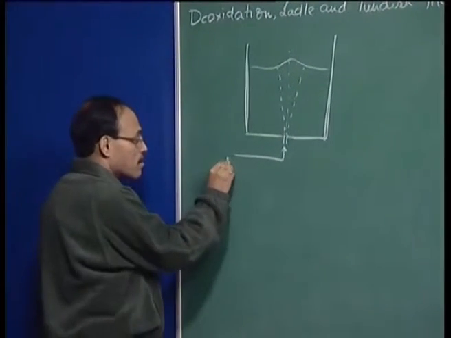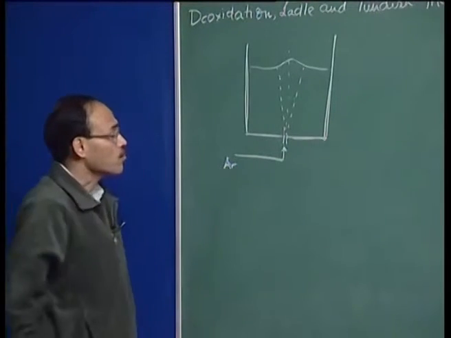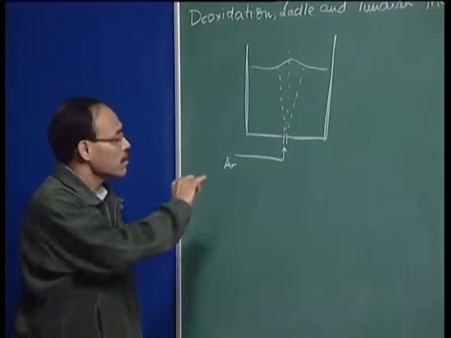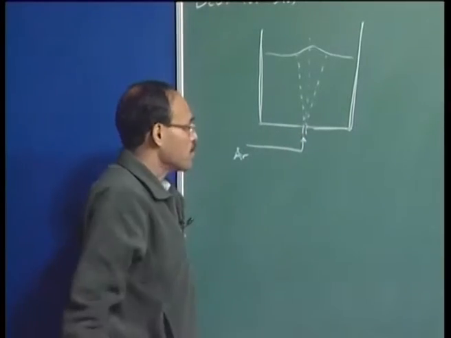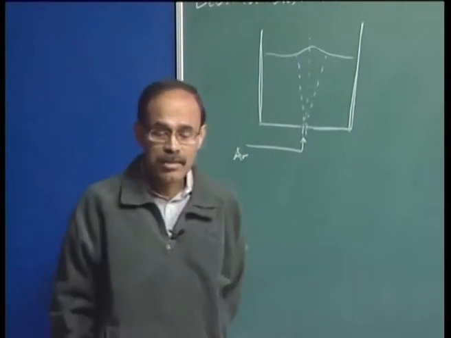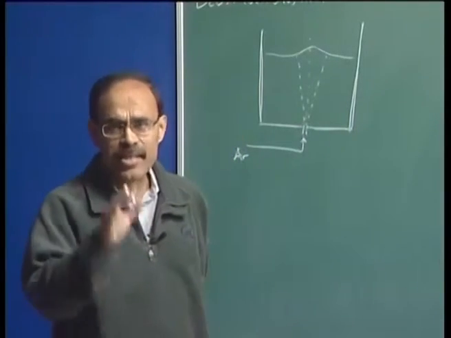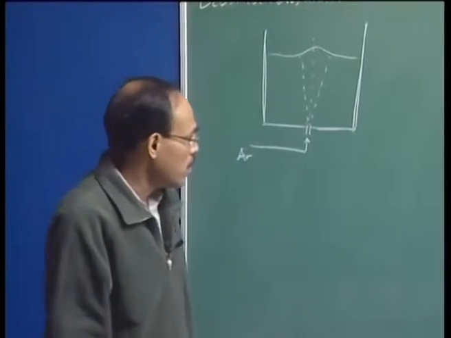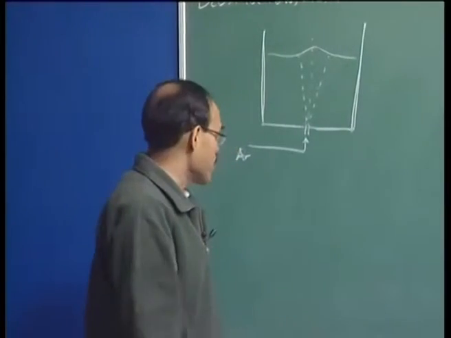So, we are injecting argon through the nozzle. Now, I have also mentioned to you that the injected flow rate of argon through the central nozzle varies over a wide range, and it is substantially smaller than the flow rates of oxygen that we use for steel making or primary steel making processes.